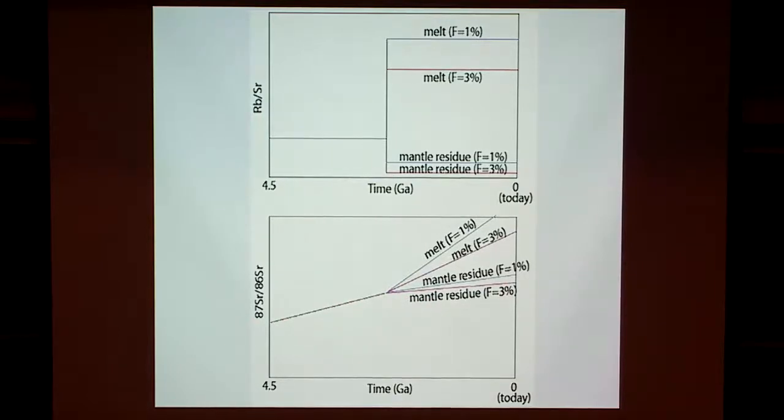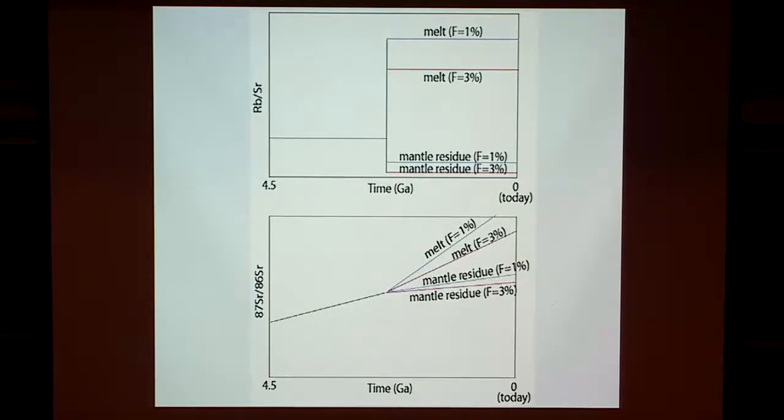Of course, this isn't just so simple. It also depends on the degree to which you fractionated rubidium from strontium. So if you really fractionated rubidium from strontium in the melt at low degrees of melt, then your 87-86 strontium ratio is going to climb much faster here. This, by the way, becomes your crust, than it does in this case where maybe you extracted more melt from the mantle.